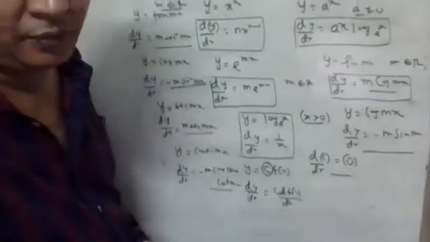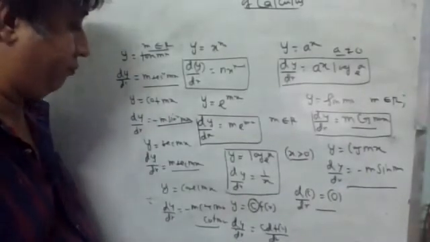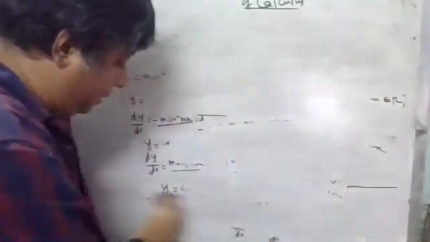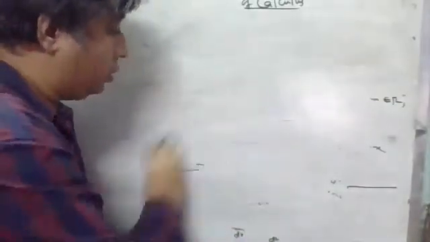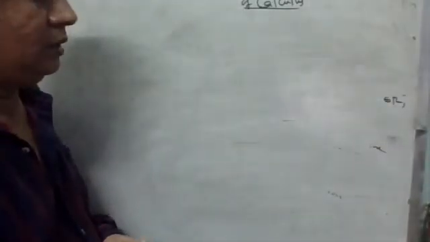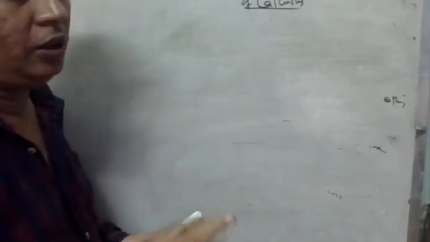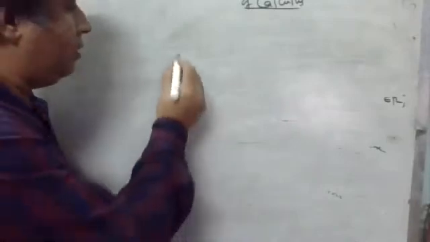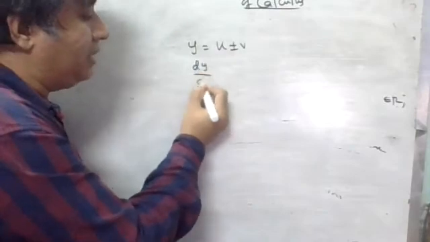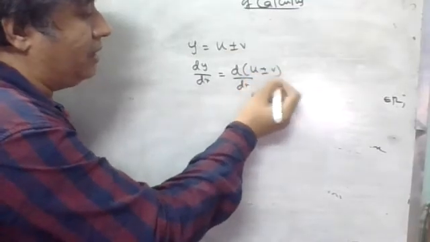Okay. So I'm rubbing this part. If you get two functions in difference form or additive form, say y is equal to u plus or minus v, then if you differentiate it, you will get d/dx of u plus or minus v.